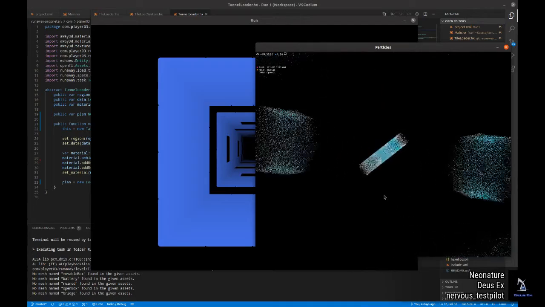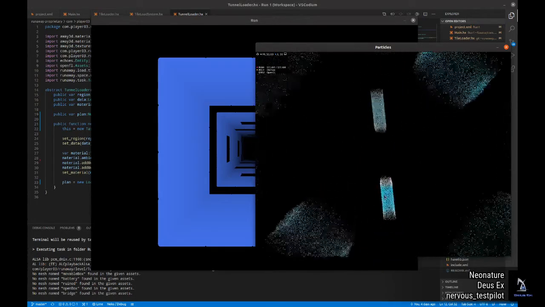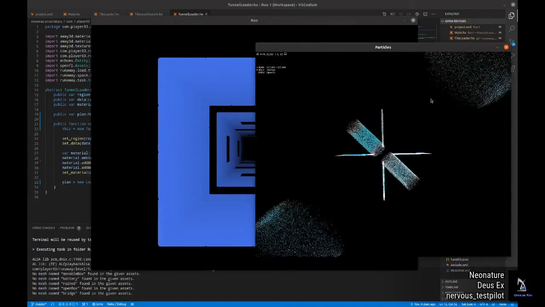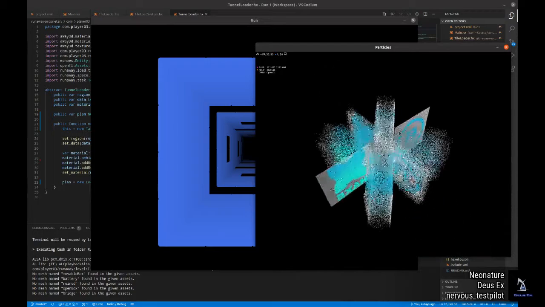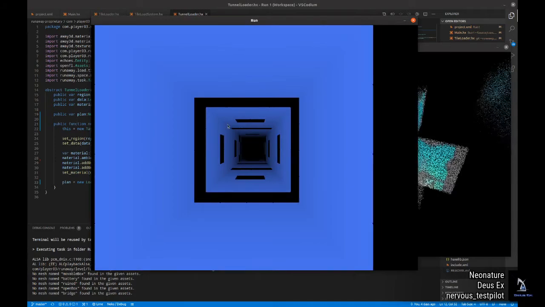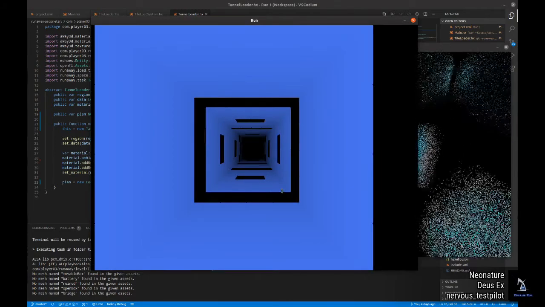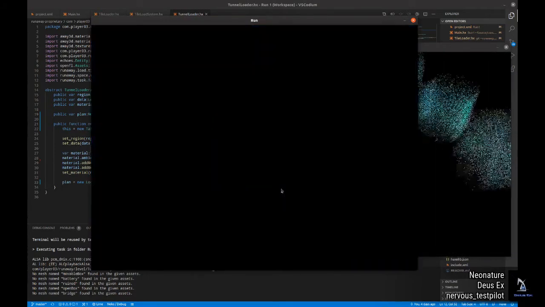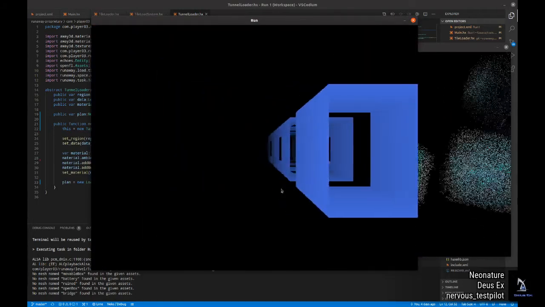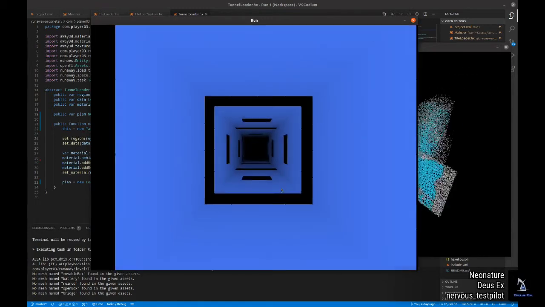on the GPU, which, short version, GPU does fast rendering. On the GPU for fast rendering, it moves all of them from their starting point to their tunnel arrangement. And I mean, that's cool.